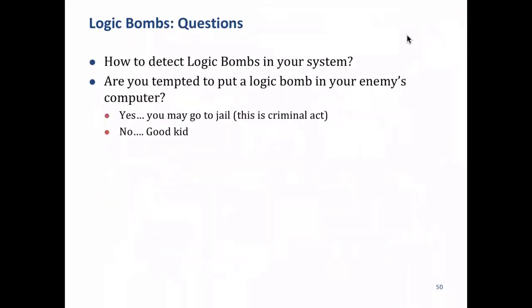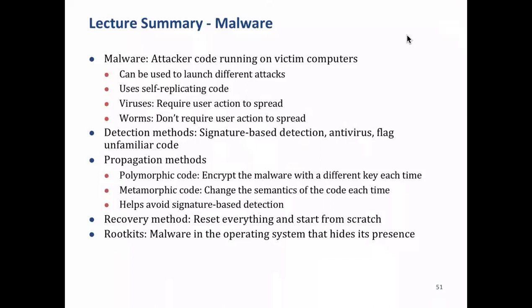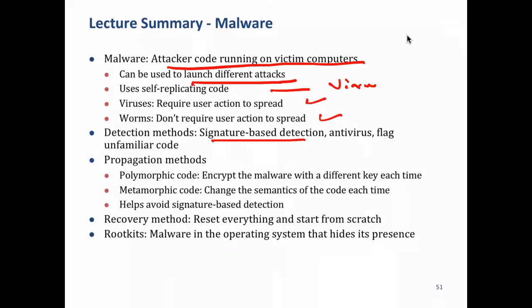You read this out. All right, to summarize, malware is attacker code running on the victim's computer. It can be used to launch various effects. It can be a virus or worm or a hundred other types of malware. What we have studied in the last two classes are aspects of viruses and worms. Detection is usually signature-based detection, with antivirus and flags of unfamiliar code.